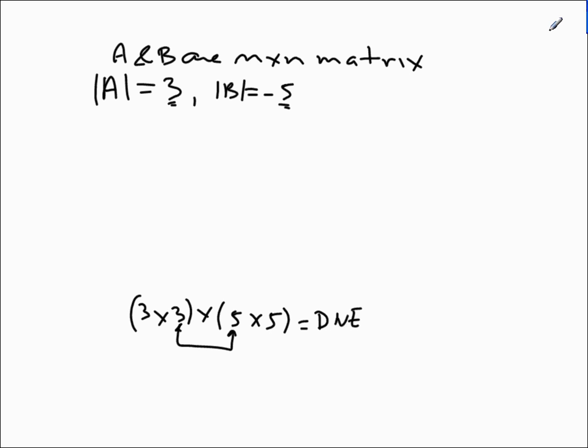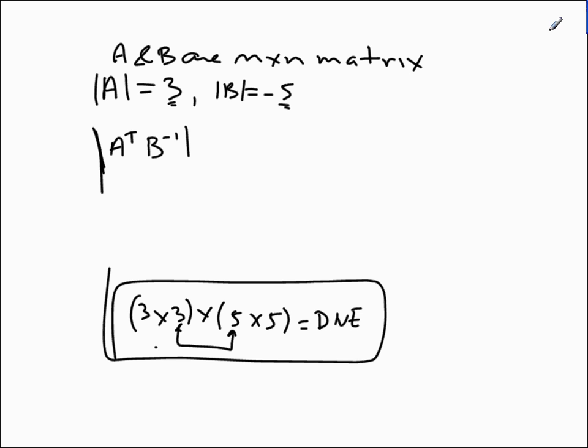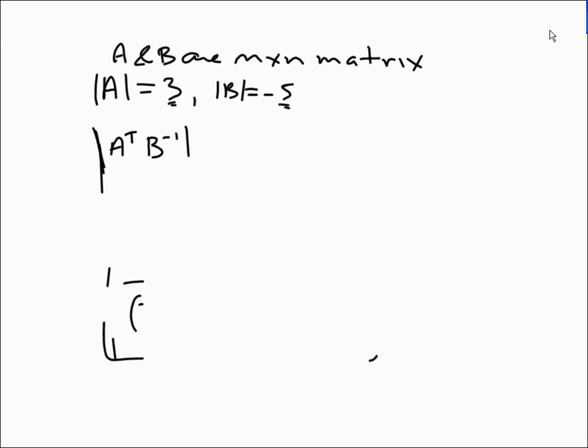what if you wanted to calculate the determinant of A transpose times B inverse? Suppose you wanted to calculate that determinant given the information I wrote above. The way to do such a problem is to know the theorems.